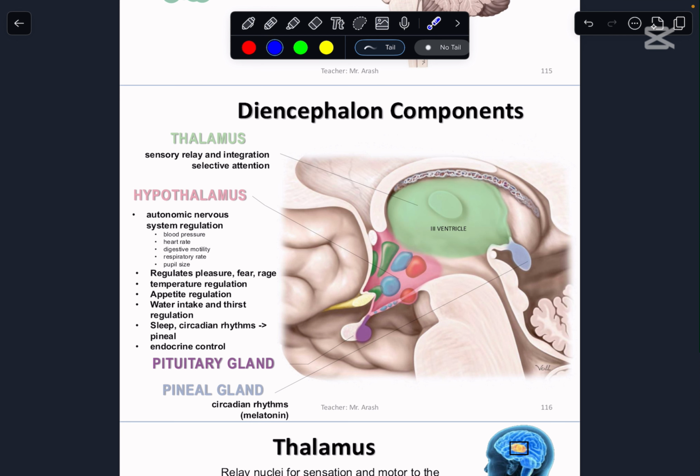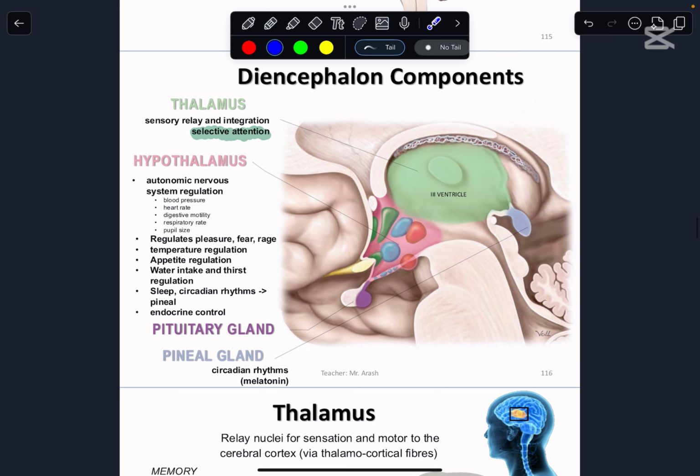Its function is essentially to act as a filter center, and it allows you to selectively attend to a specific task or thing. In other words, the thalamus allows you to focus, in that it will filter irrelevant and unnecessary information, so you can focus on one specific task.